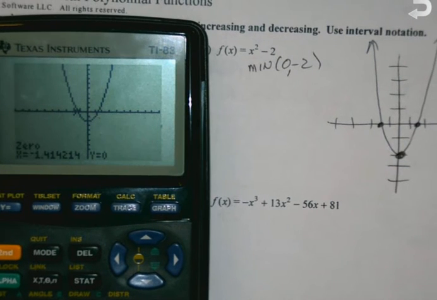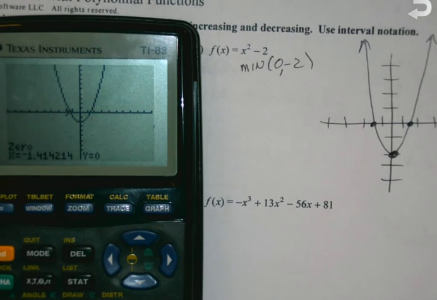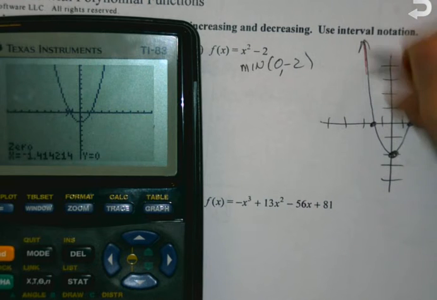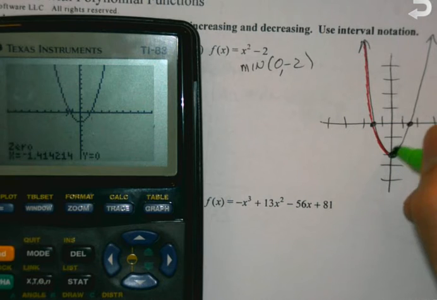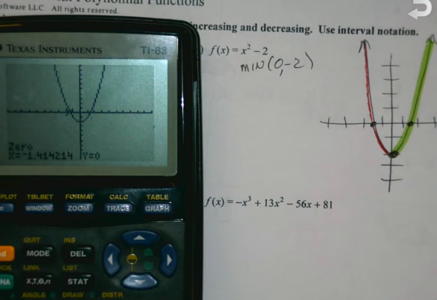parabola in. And now this one's a little easier to look at as far as decreasing and increasing. It's coming down until it gets to my minimum. And it's going to go straight back up. So not a whole lot of movement this time.